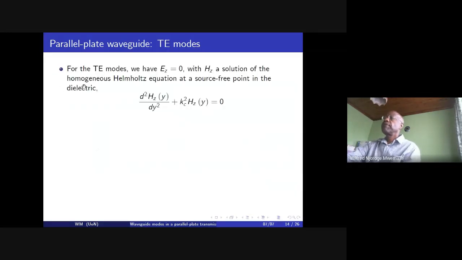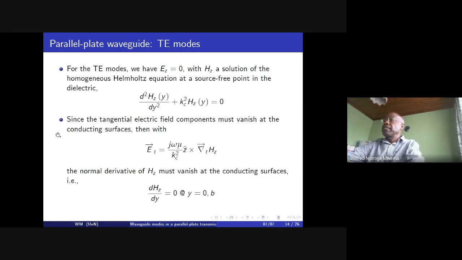So for the TE modes, we have that Ez is going to be equal to 0, but Hz is a solution of the homogeneous Helmholtz equation at a source-free point in that direction. The only thing we now have to deal with is that Ez is equal to 0, but now the solutions, or all the fields in that waveguide, will be dependent on the axial component of the magnetic field intensity.